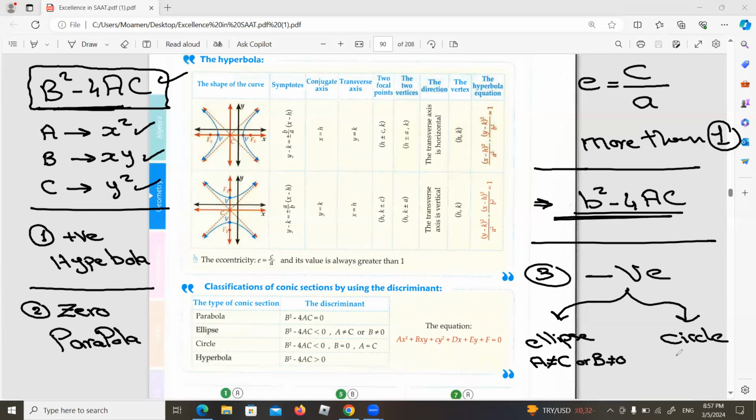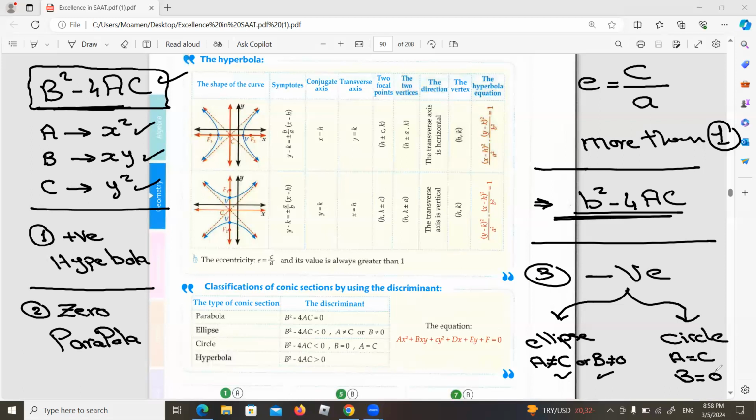In the circle, the 2 conditions are satisfied together. The value of A equals the value of C, and the coefficient of xy will be equal to 0.